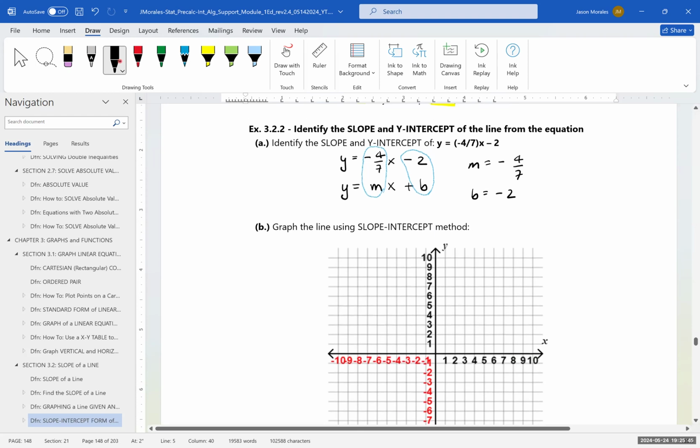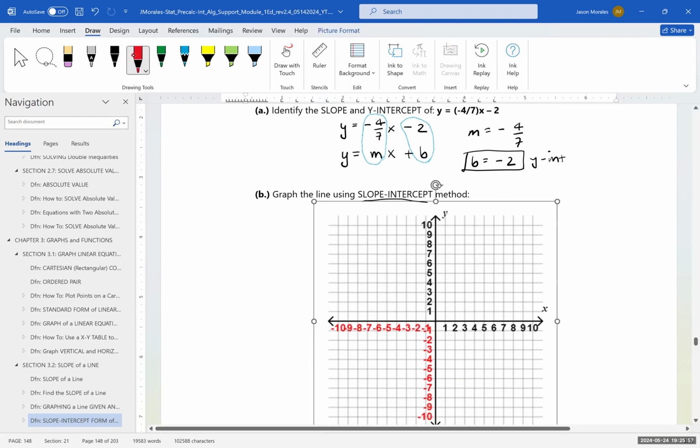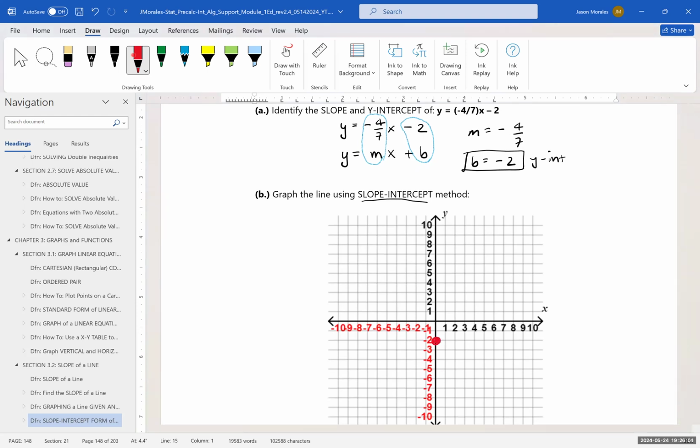So now graph the line using slope-intercept form. We know that the y-intercept is at -2. So we're going to come here to -2 on the y-axis, and we're going to put a point. Now we have a slope of -4/7. First of all, because this is a negative slope, it's going to go down and to the right.